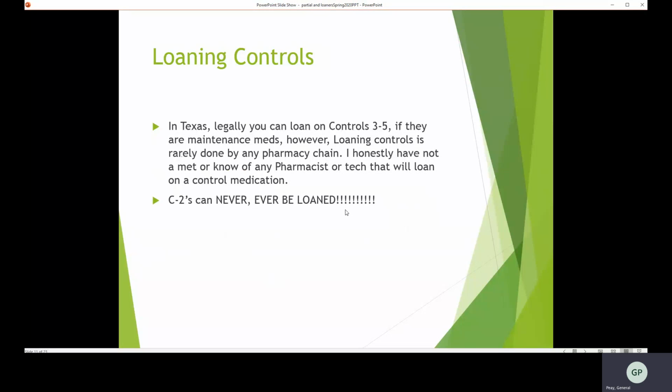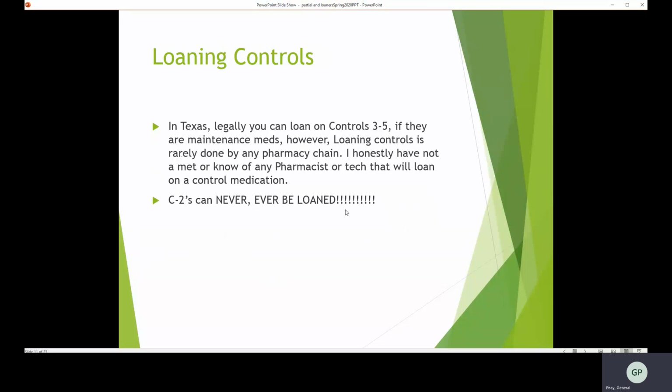So usually 9 out of 10 times on a controlled medication, most techs or pharmacists will not loan on those medications. They would just tell the customer, oh, I'm sorry, I can't loan on this medication because it's a controlled substance. Just wherever you work, check with your pharmacist on their rules or their protocol, because most places, most pharmacists will not loan on those medications.